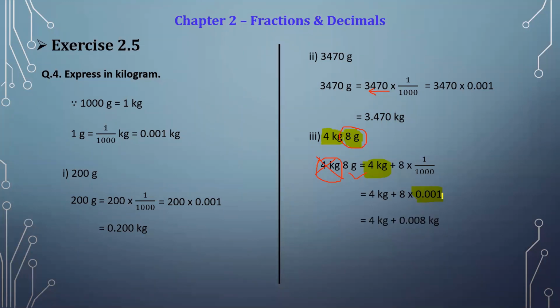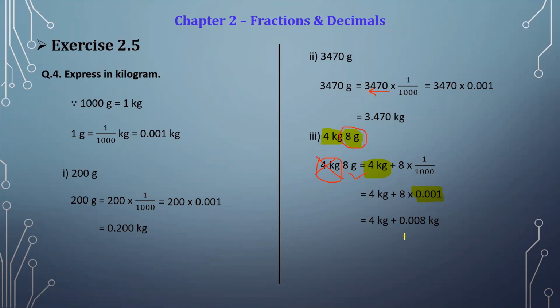Sometimes the first method is easy, sometimes the second. Here only a single digit is there, so multiplication is simpler, because 8 ones are 8 and the remaining zeros and decimal point remain as it is. So 0.008 kilogram is the conversion of 8 gram into kilogram.